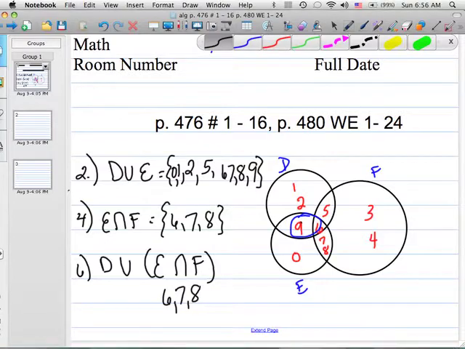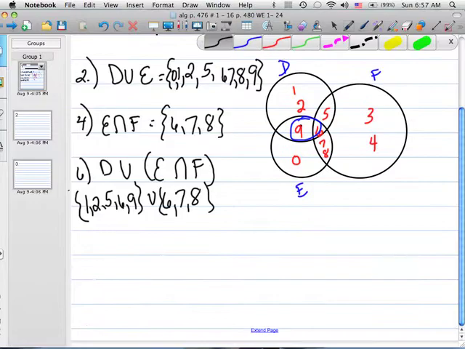Union with D. And D is 1, 2, 5, 6, 9. So if I put those two together, my union would be 1, 2, 5, 6, 7, 8, 9.